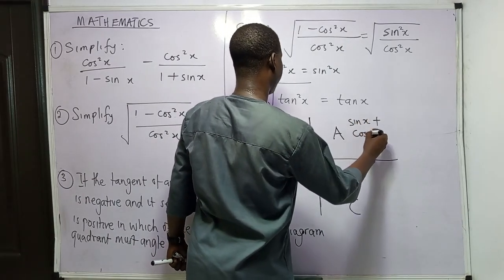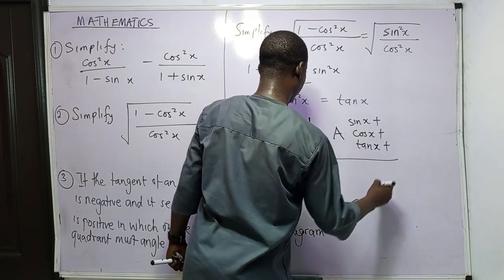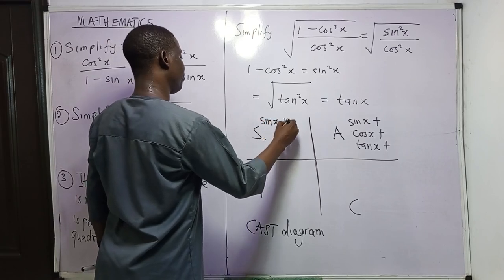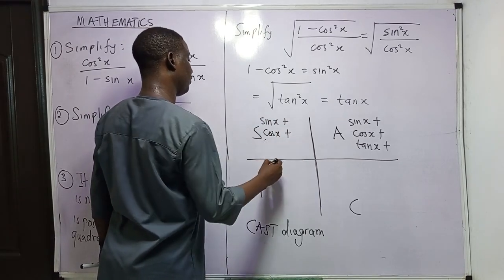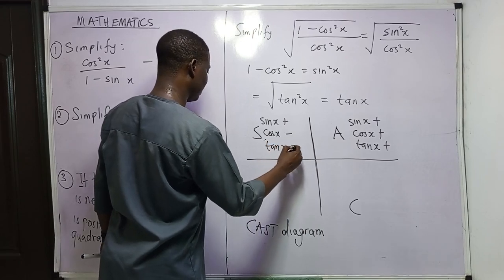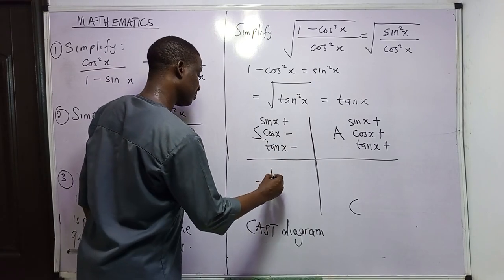Positive, cos is positive, and tan is what? In the second quadrant, sine is positive, cos is negative, and tan is what? Negative.